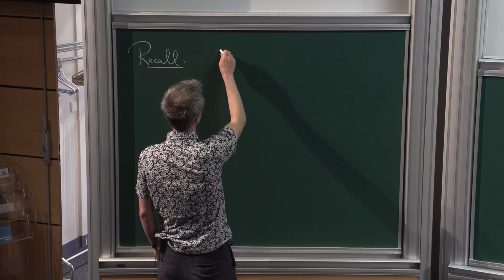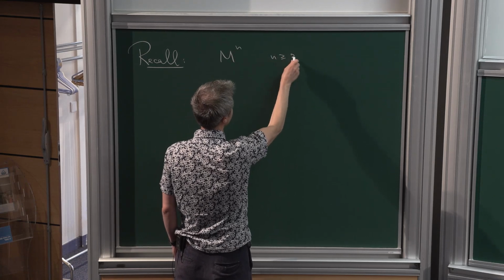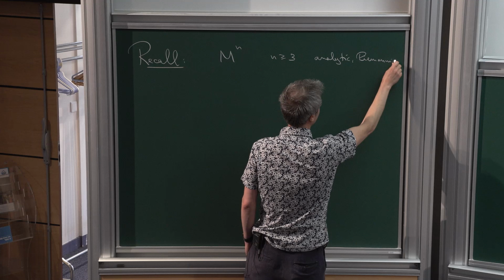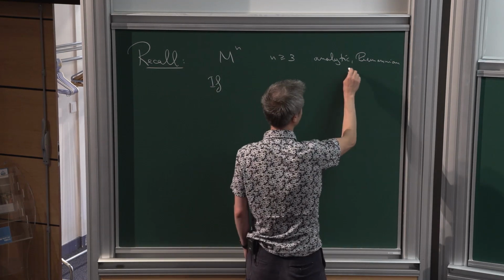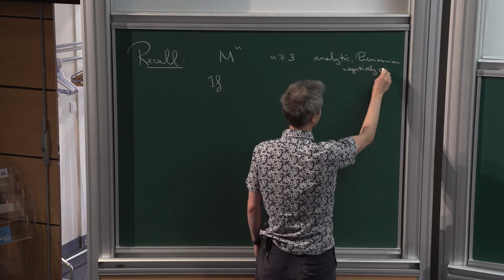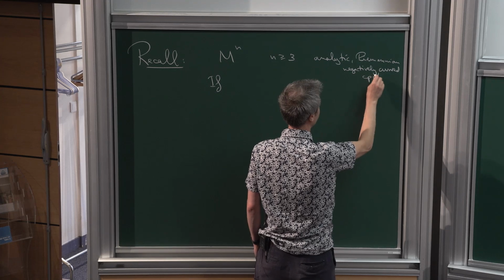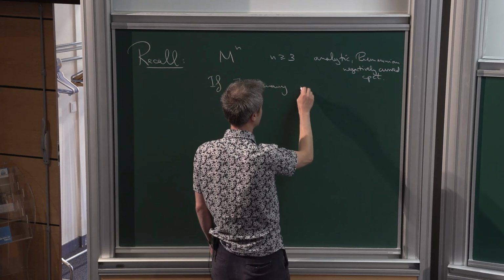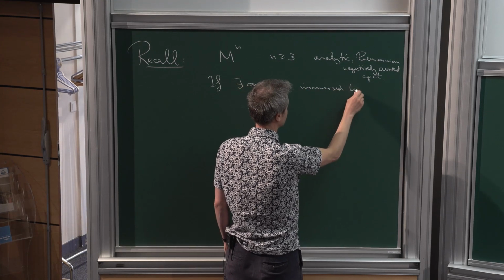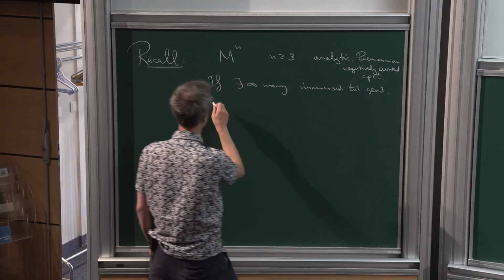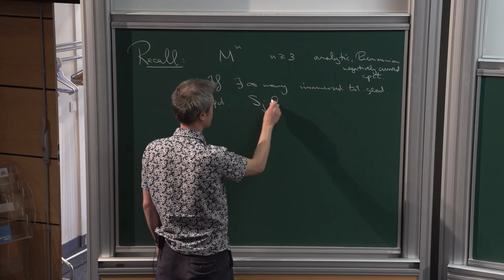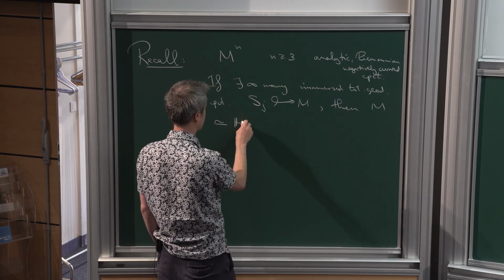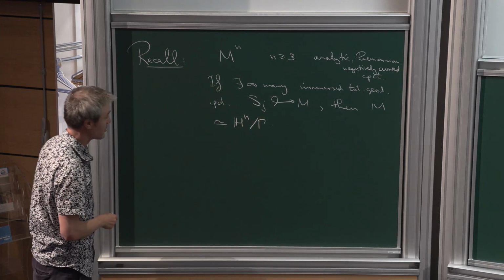Our goal was to show that if you have M, n-dimensional and at least 3, analytic and Riemannian, negatively curved, and compact, if there exist infinitely many immersed totally geodesic, let's say compact, hypersurfaces in M, then M was isometric to a quotient of hyperbolic space.